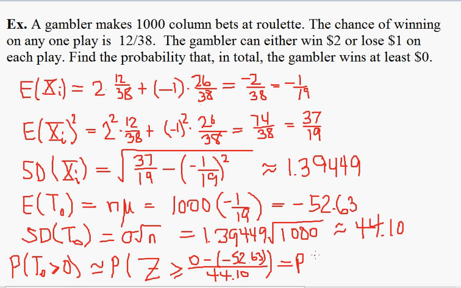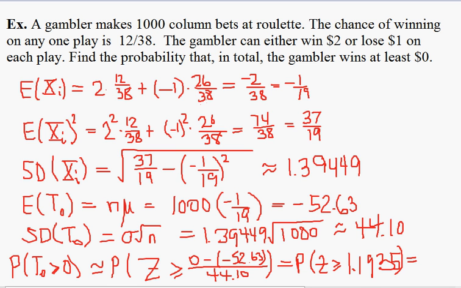And so just doing the calculation, we get that z is greater than or equal to 1.1935, and then we use either the calculator or Microsoft Excel to figure out exactly what that probability is.